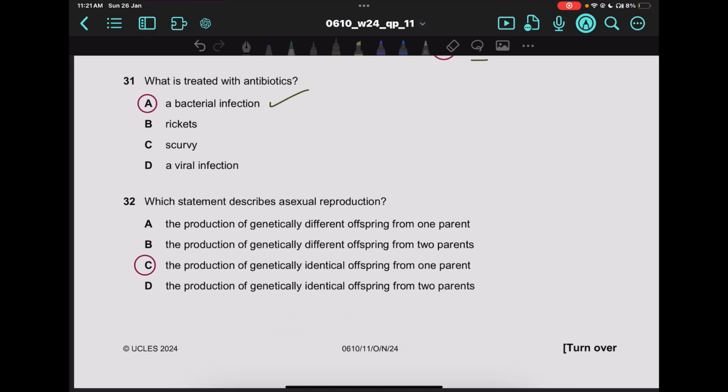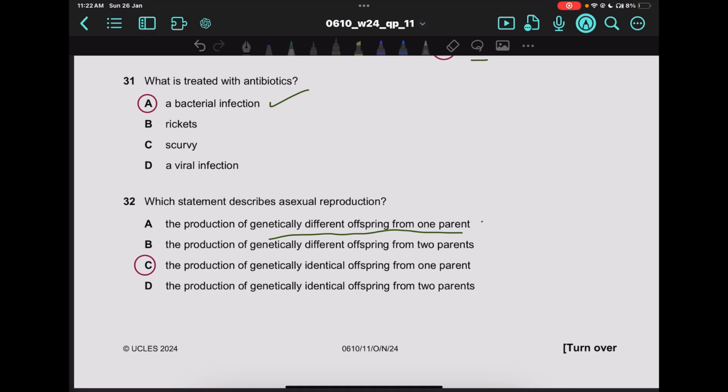32. Which statements describe asexual reproduction, which means reproduction from only one parent? The production of genetically different offspring from one parent. This is incorrect because it only produces genetically identical offspring, since there is only one parent, so it can only produce the same type as itself.